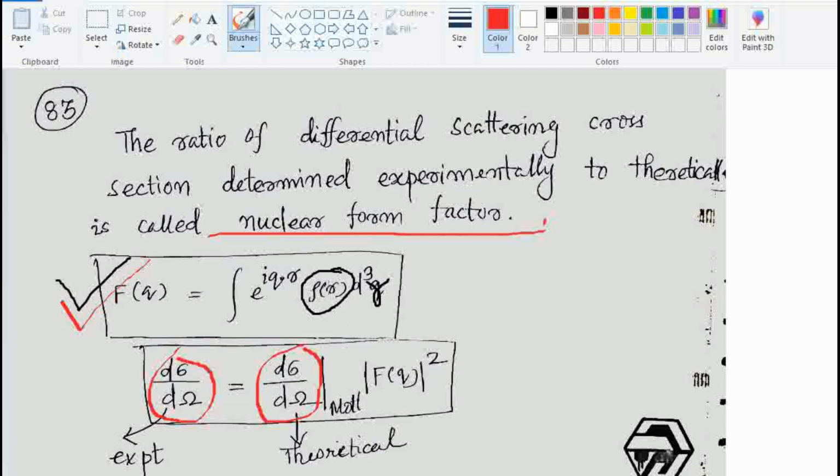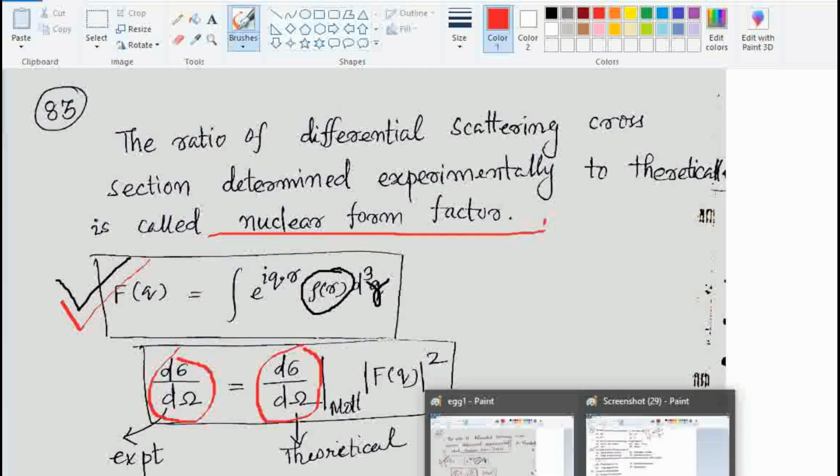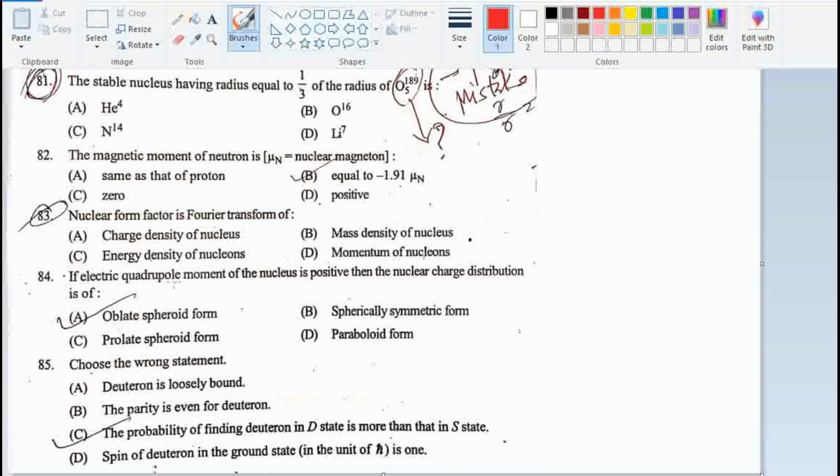And here this rho(r) is a function of radius, and this rho(r) is the nuclear charge density. So that's why option A is the correct one. Option A, charge density of nucleus.